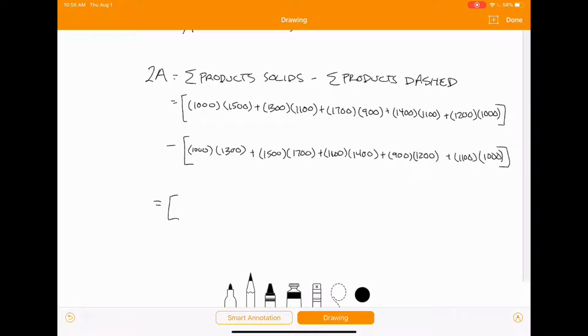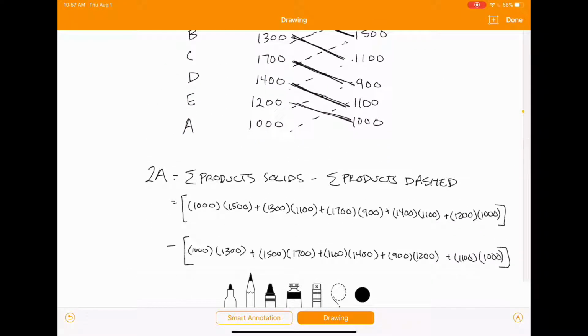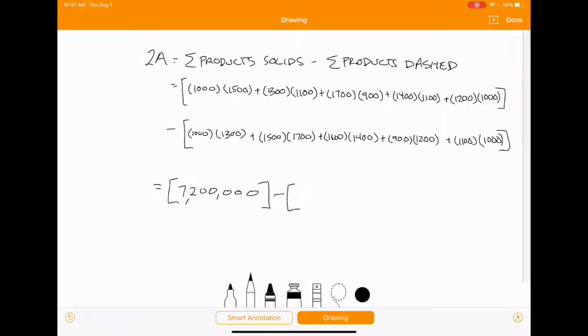The first sum comes to 7,200,000, minus the second sum.